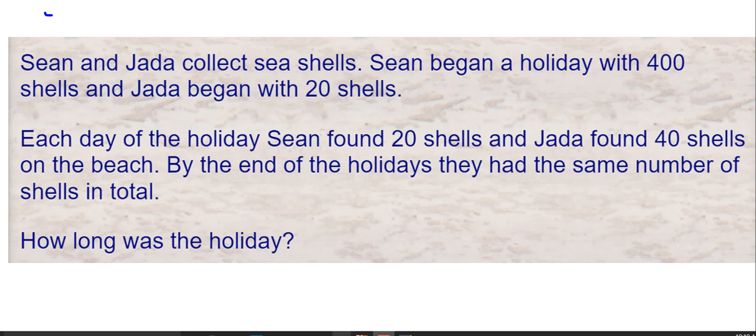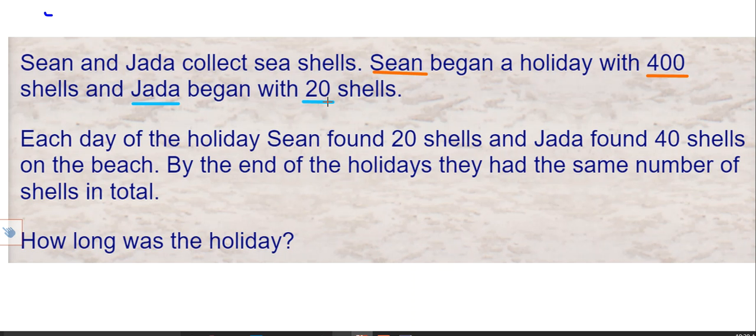Okay. So let's just think of the situation. So we've got Sean and Jada collect seashells. Sean began with 400. So that's an important piece of information. And then we've got that Jada began with 20.